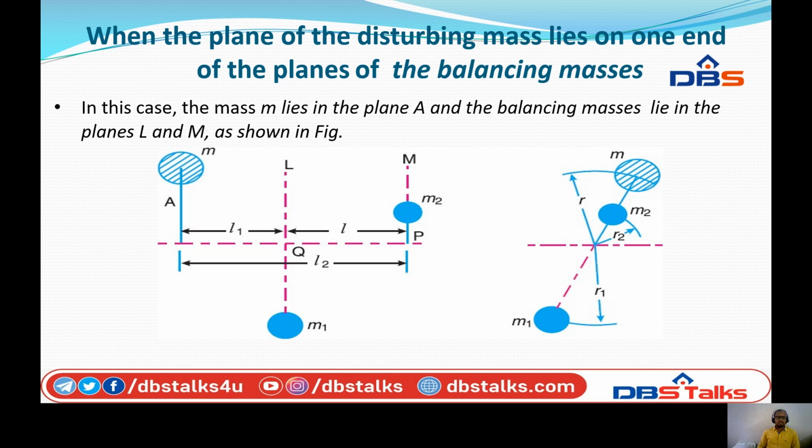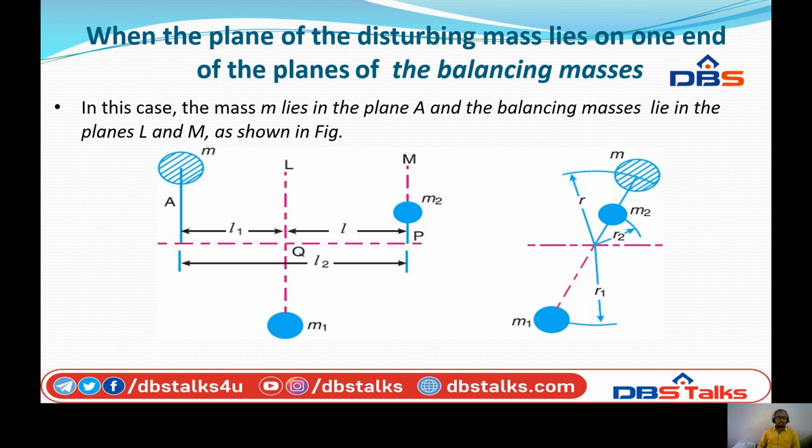In this case the mass M lies in the plane A, and the balancing masses lie on the planes L and M, as shown in the figure. The following conditions will be satisfied in order to balance the system.